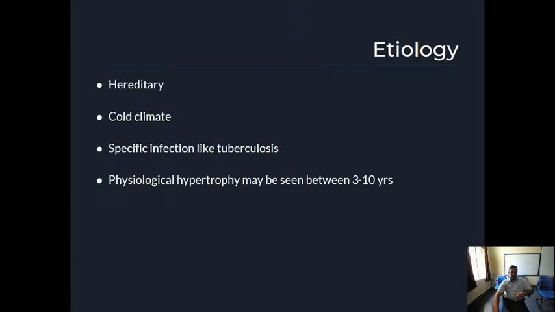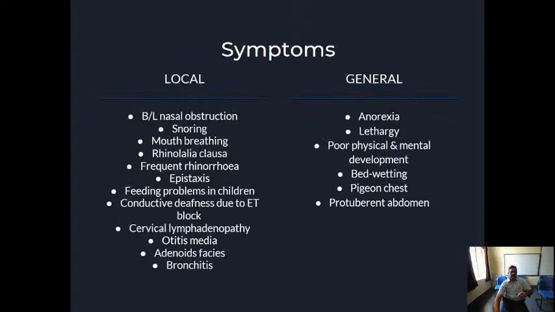Now, usually they get hypertrophied because of this irritant focus, and the effects you can easily predict, because they produce nasal obstruction and snoring, and mouth breathing because the nose is blocked.